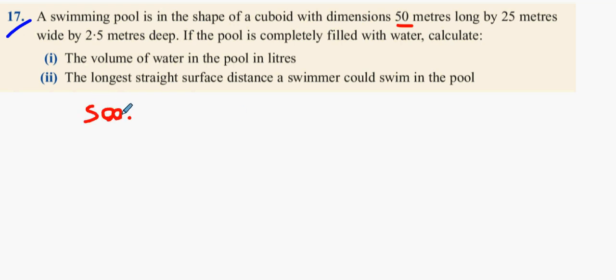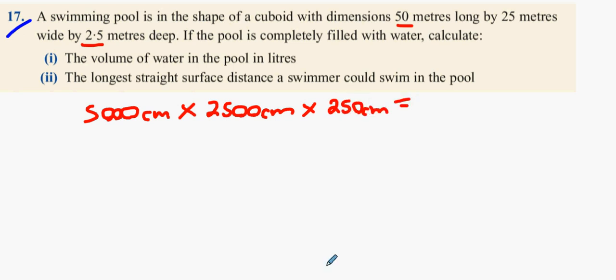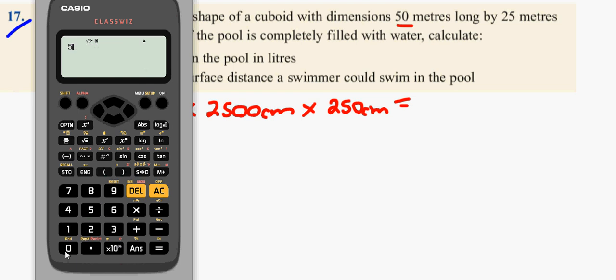Anybody? 5,000 centimeters. 25 in centimeters? 2,500. And finally, 2.5 in centimeters? 250. And what happens when you multiply all them out? Can anybody explain why did I immediately change to centimeters?